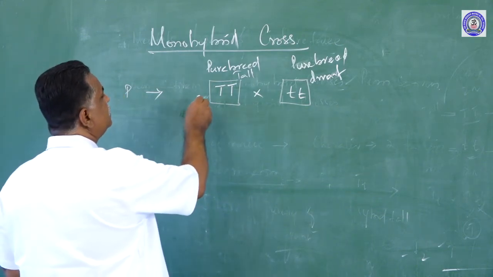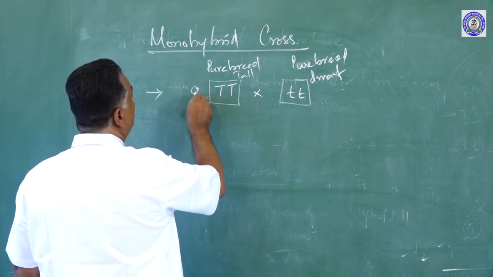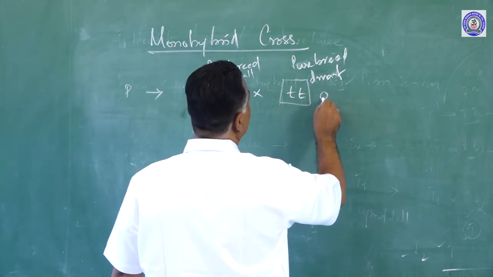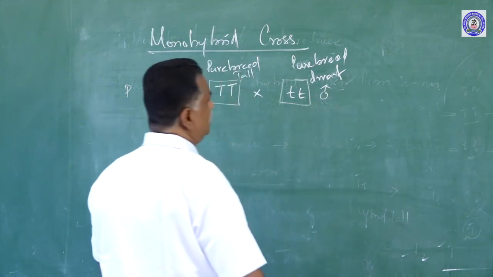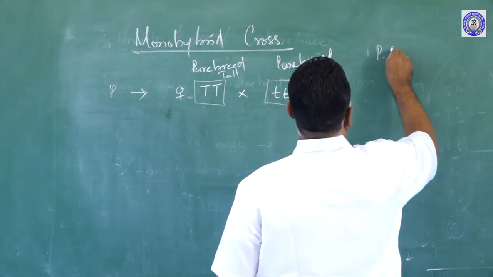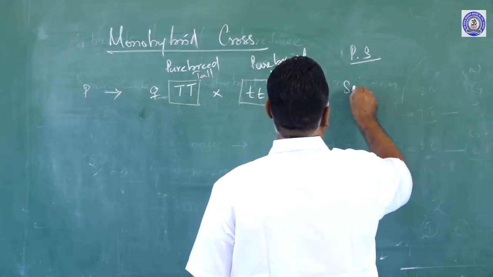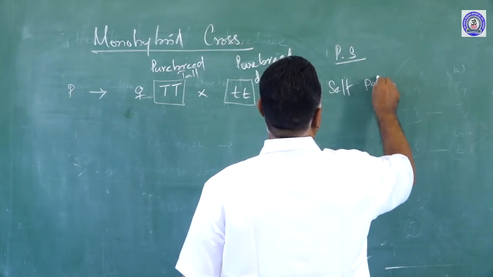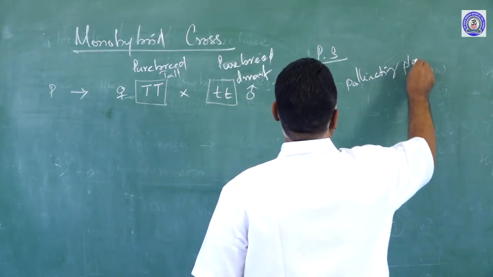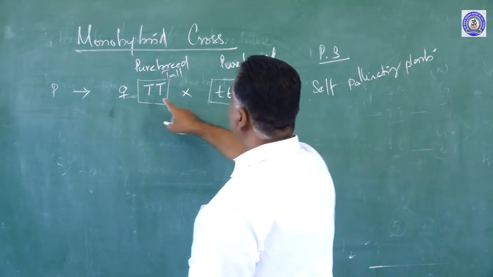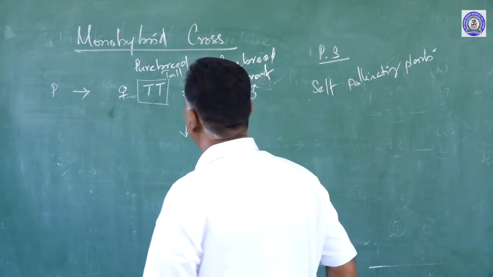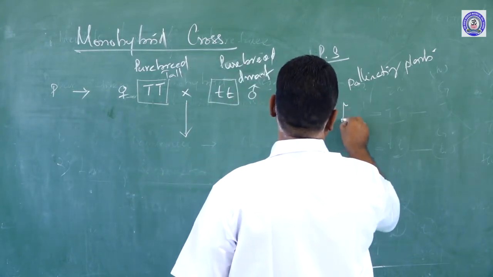Tall plant was considered as female, dwarf plant was considered as male. Actually, Pisum sativum is a self-pollinating plant. Bringing crossbreed or hybrid between these two is very hard, for which he made emasculation.